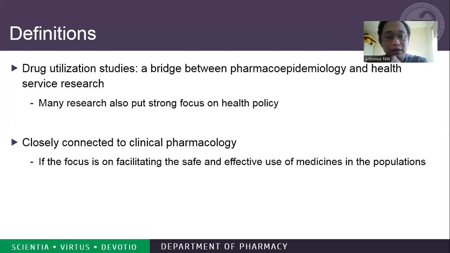It is said that this type of study is a bridge between pharmacoepidemiology and health service research. So some drug utilization research is part of pharmacoepidemiology, and some of it can be health service research.